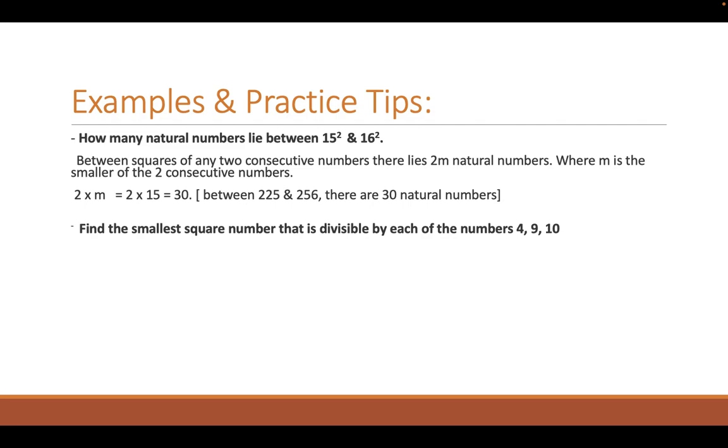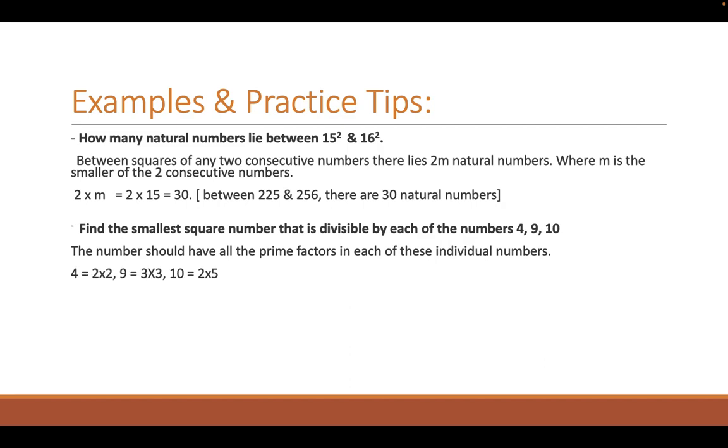The number should have all the prime factors of each of these individual numbers. If you figure out a number which is a multiplication of the prime numbers required by 4, 9 and 10, then that's the smallest number.